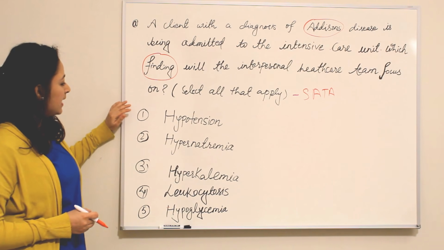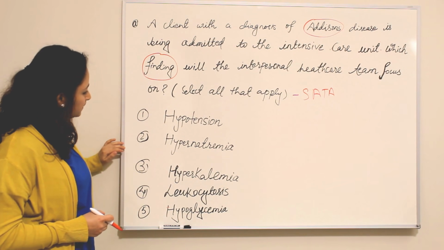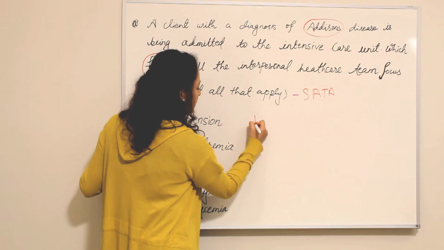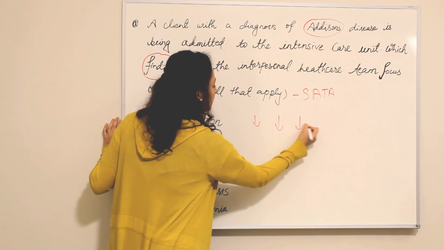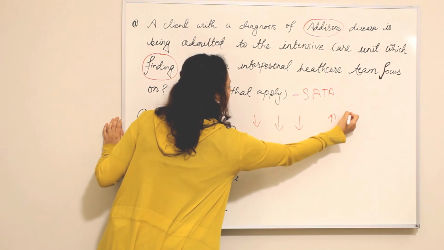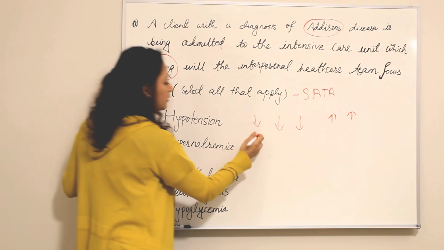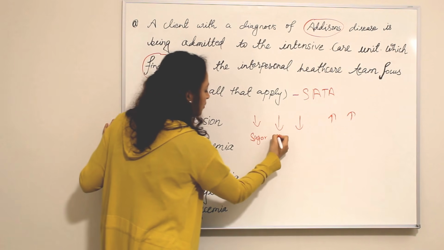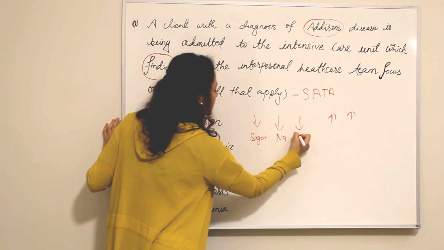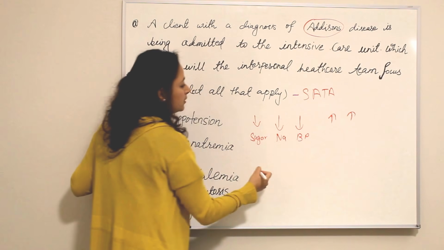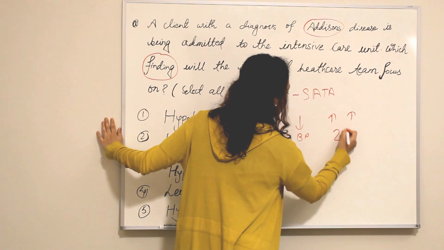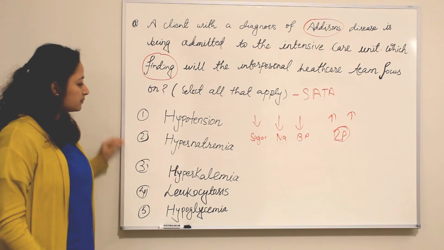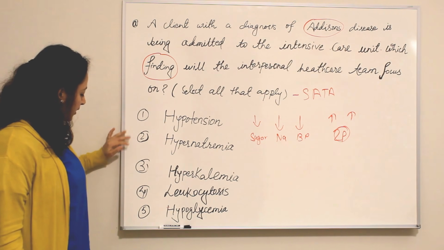So they have given us 5 options, and we know that for Addison's disease we have down, down, down, up, up. So the first down is sugar, the second down is sodium, the third down is BP, and the 2 Ps, potassium and pigmentation, are elevated in Addison's disease. So we have been given 5 options.